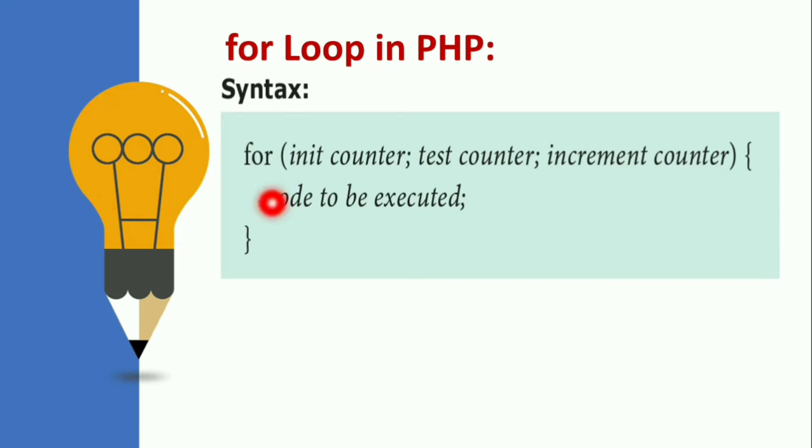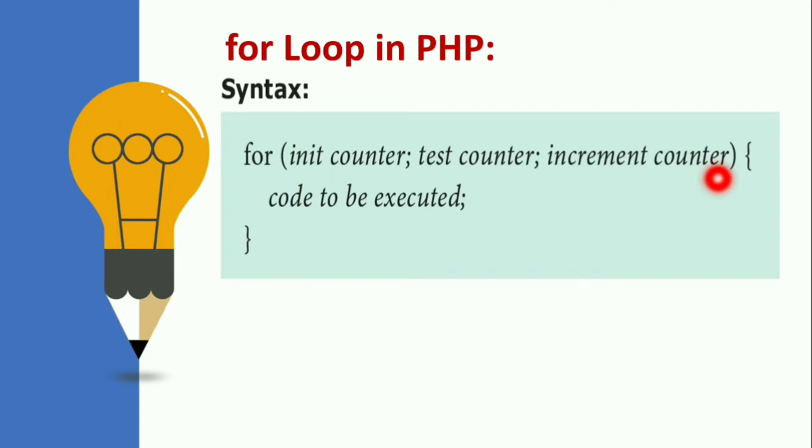Here we do have the syntax. For the word as a keyword, it should be written in lowercase, and initial counter, then after semicolon test counter, then semicolon increment counter. You should know the initial value, you should know the stop value, and how you are going to increment, one by one, or you're going to increase by 2 or 3.